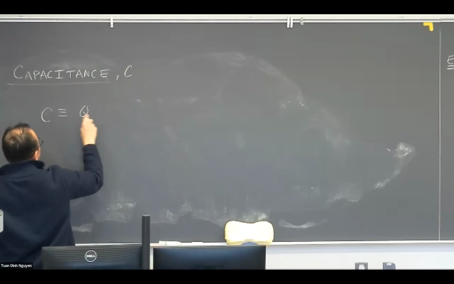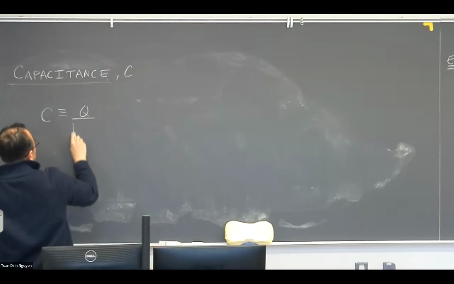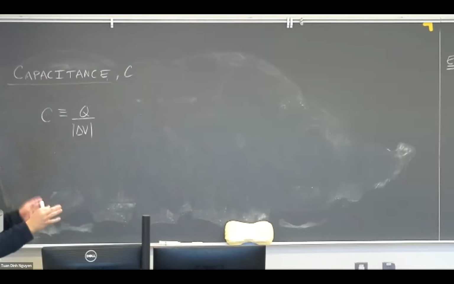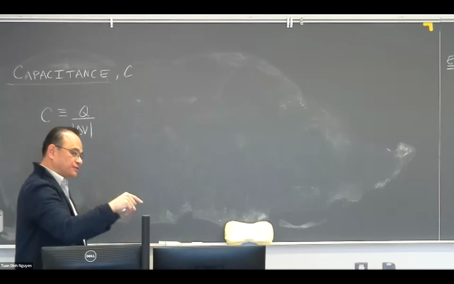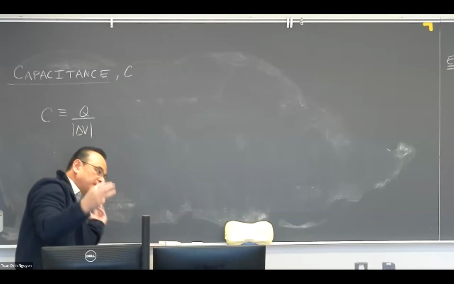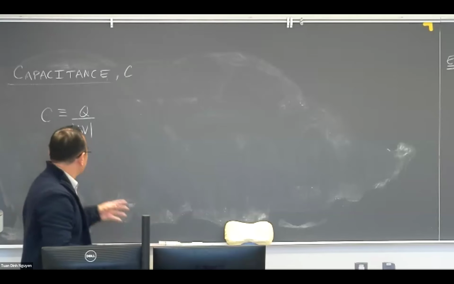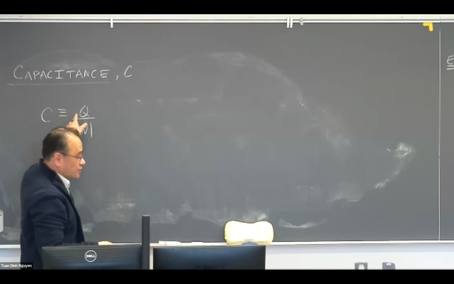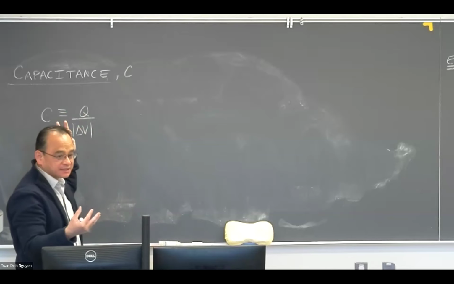C is defined as, if I put a potential across something, anything, how much charge had to move to give me that potential or responded to that potential. And the more charge I get, the larger the capacitance.